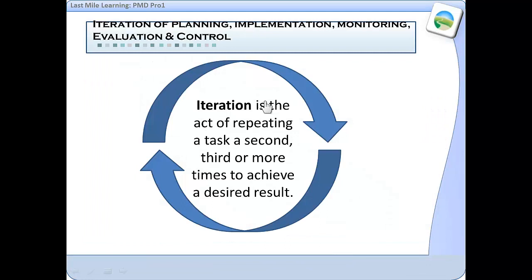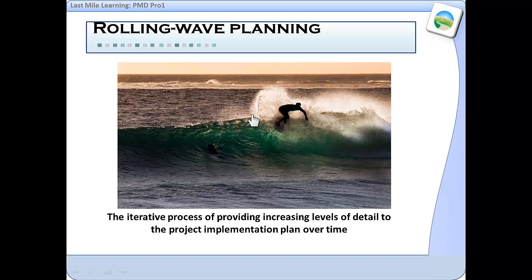So iterative is round and round. It's the act of repeating a task a second, third, and more times to achieve a desired result. So you do detailed planning, implementation, replanning, reimplementation, and you keep going around and around in that cycle. It's also in the PMD Pro called rolling wave planning. That's the iterative process of providing increasing levels of detail to the project implementation plan over time.